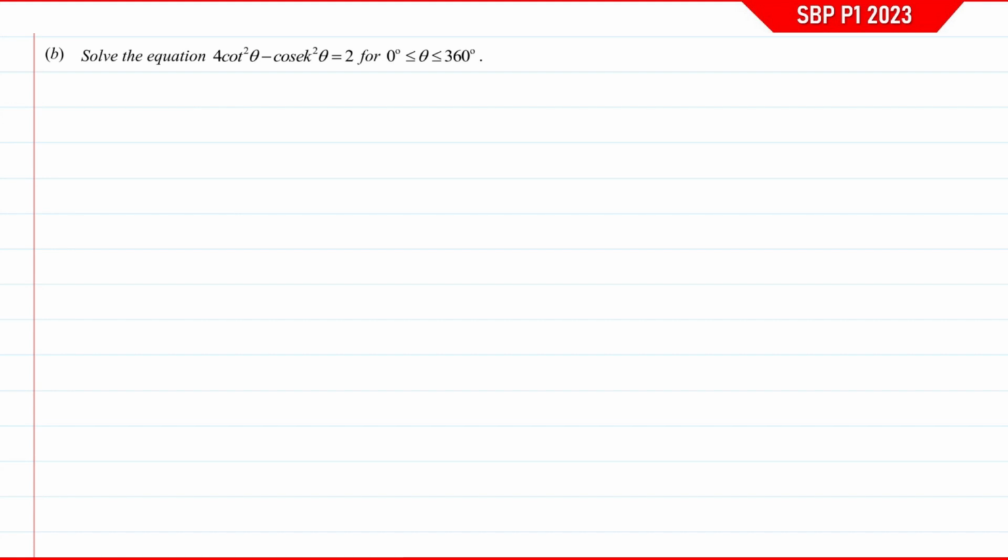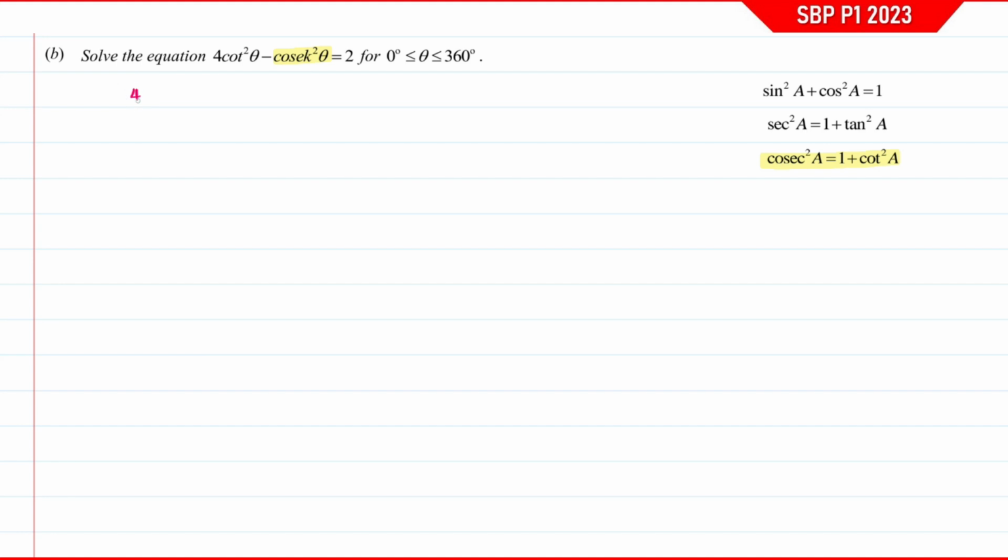Question B. Solve the equation cotangent square theta minus cosec square theta equal to 2 for theta in between 0 to 360 degree. So based on the list of the basic identities, cosec square A equal to 1 plus cotangent square A. So we can replace this cosec square theta here with 1 plus cotangent square theta.